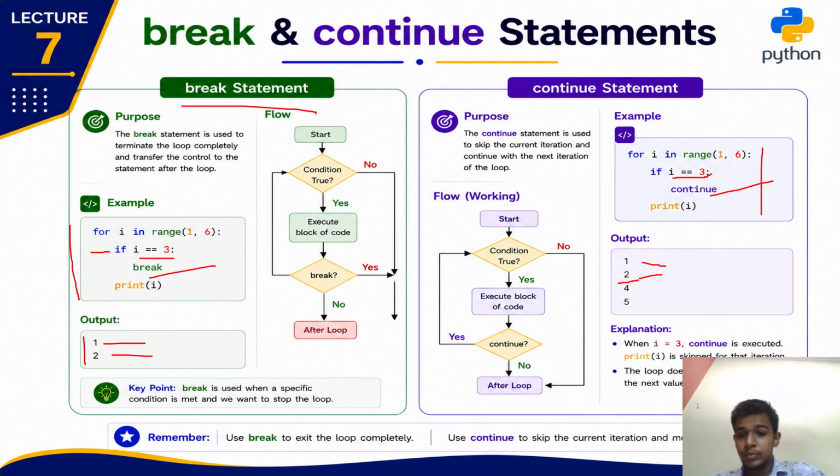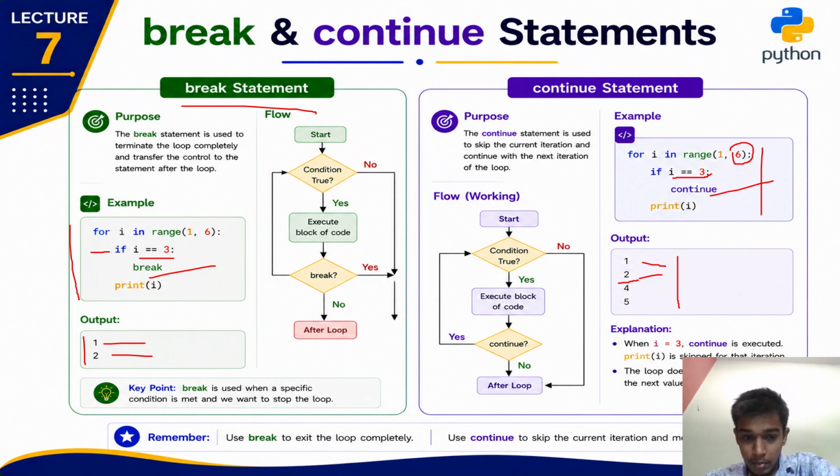The loop then continues further. It will check 4 and print 4, check 5, then print 5. Now it will check 6. No, here it is 6. It will check until 5 only. So the final output will be 1, 2, 4, and 5. Notice that the loop never stopped. It only skipped the number 3.